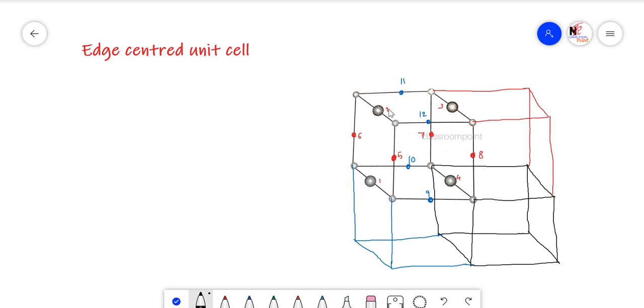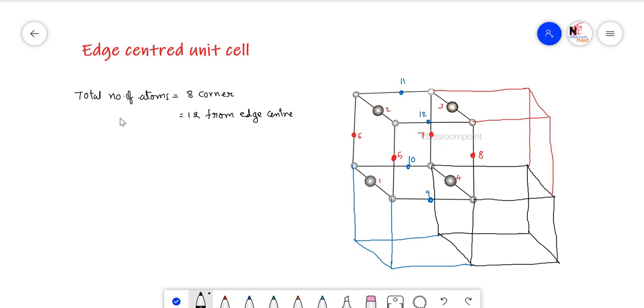This is 1, 2, 3, 4, and vertically 5, 6, 7, 8, and this is 9, 10, 11, 12. So totally 20 atoms are there.